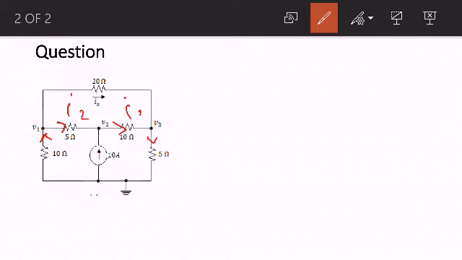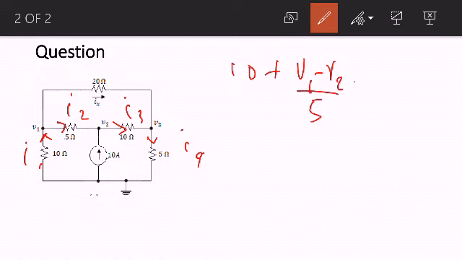These are I3, and these are I4, and these are I1. So from V1 to V2, the current entering is 10 amperes plus V1 minus V2 all over 5, equal to the current leaving. The current leaving is V2 minus V3 all over 10, okay?